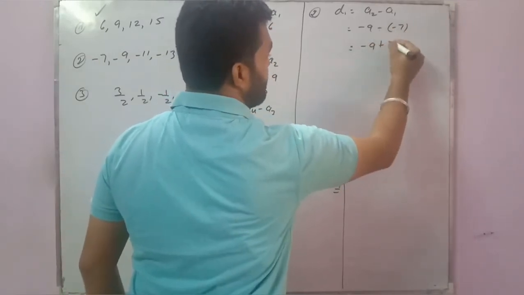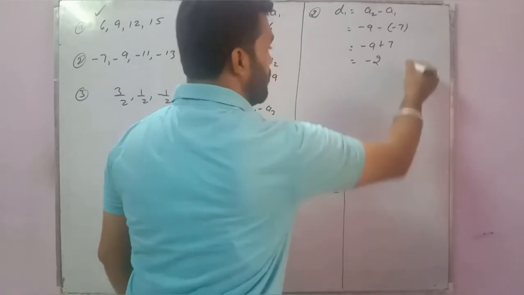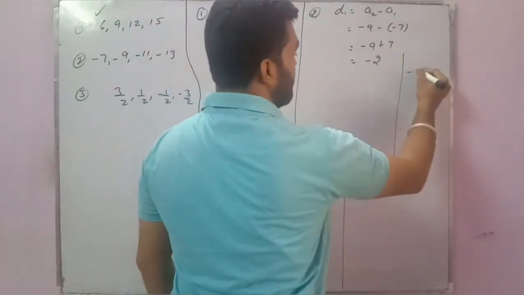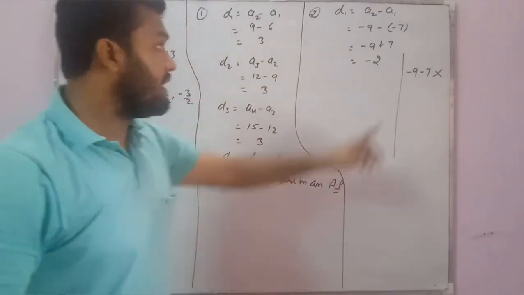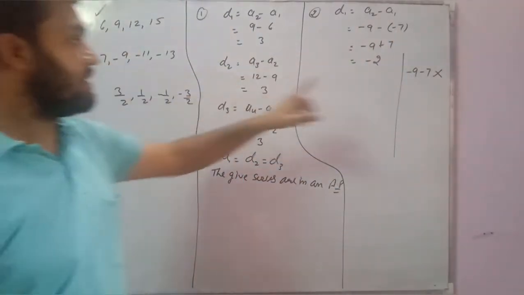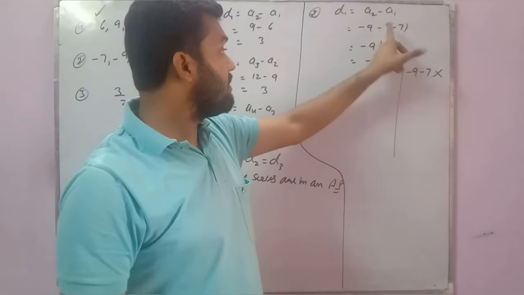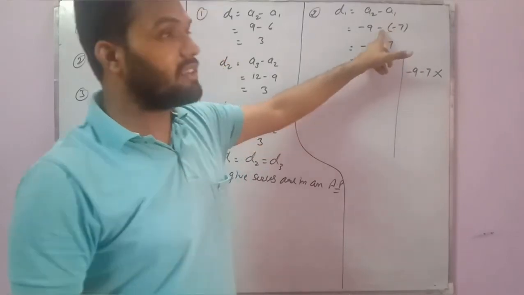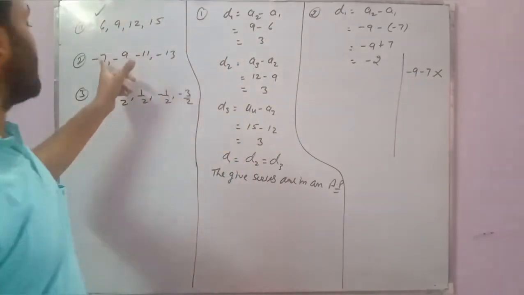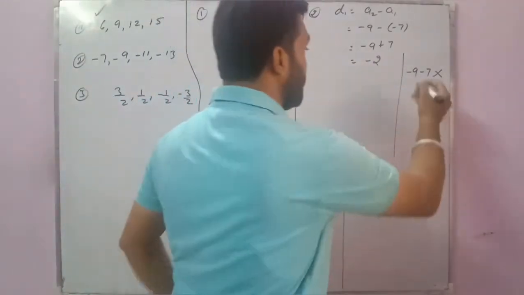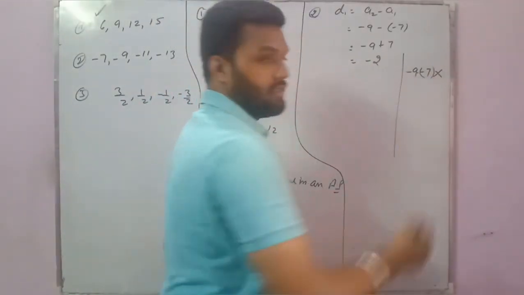Minus minus is plus, that is minus 2. Many times students write this wrong, because A1 is minus 7, and the formula has a minus, so minus of minus 7 of A1. So we can write this.